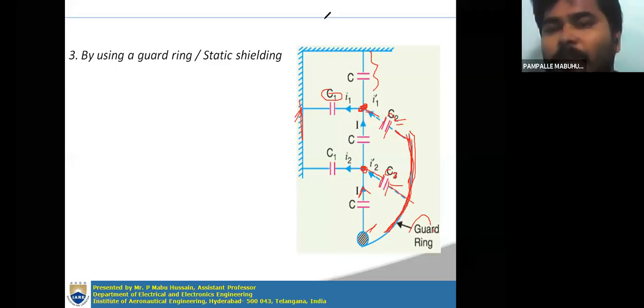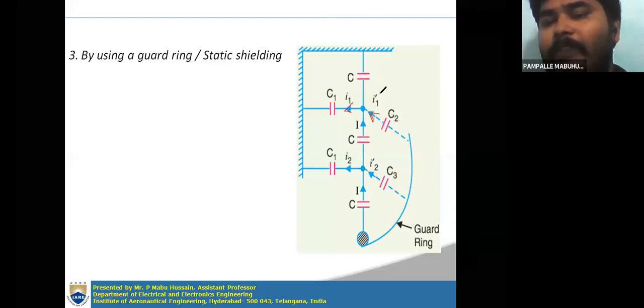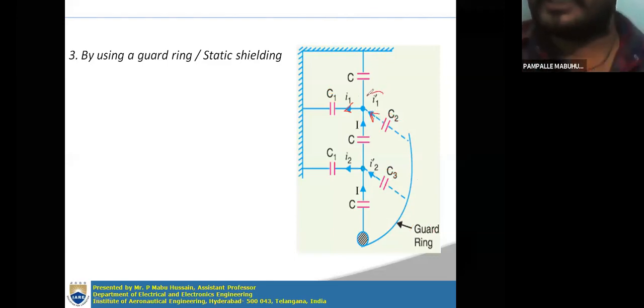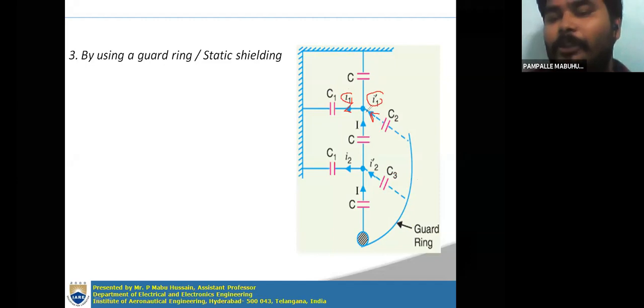Now this guard ring will be arranged in such a way that the current I1 will be neutralized by the current I1 dash. The current flowing through the shunt capacitance is I1, and the current flowing through the capacitance between the metal link and the guard ring is I1 dash.